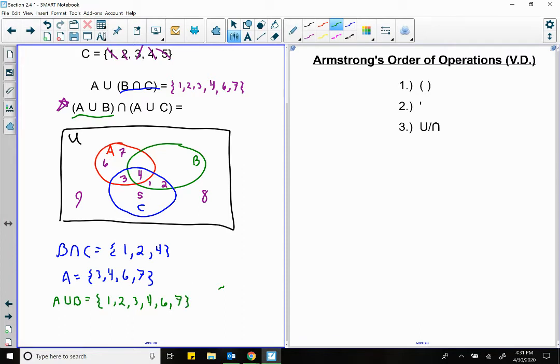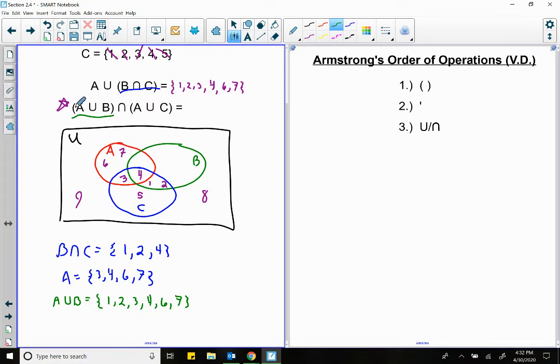These are all the numbers that are in the circle A and B. Yes, 1, 2, 3, and 4 are shared in C, but 1, 2, 3, and 4 are also in the circle A, so they count. Don't worry about C. This says worry about circles A and B. So circle A, circle B, give me everybody. And that includes the 1, the 2, the 3, the 4, the 6, and the 7.